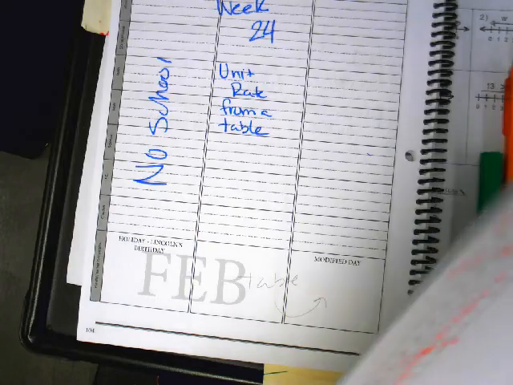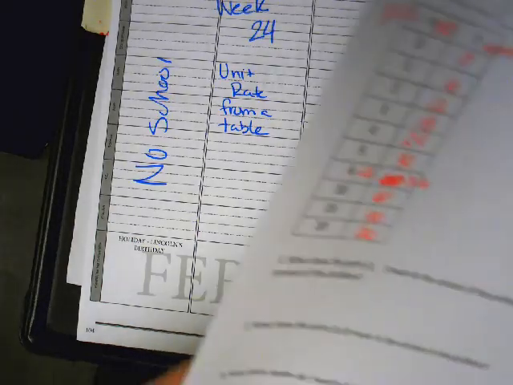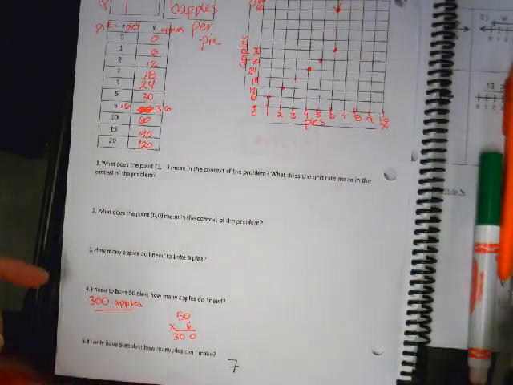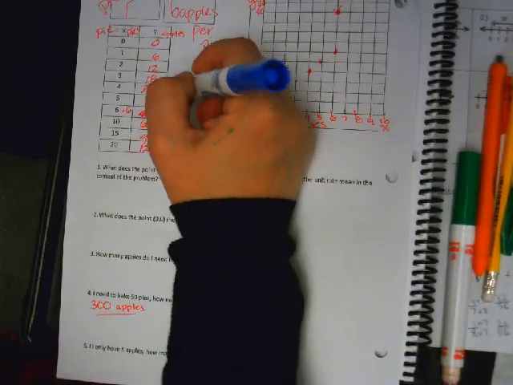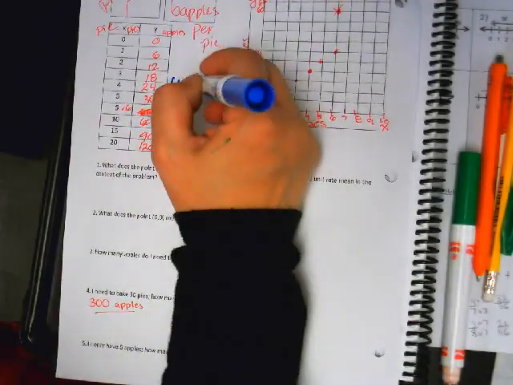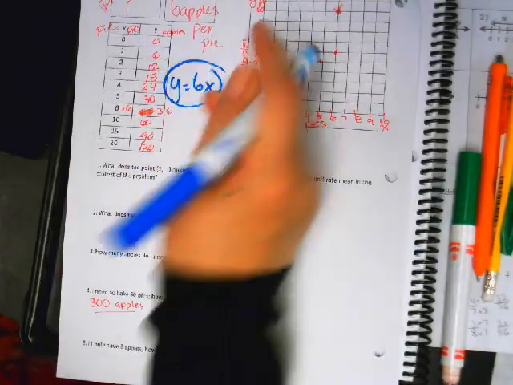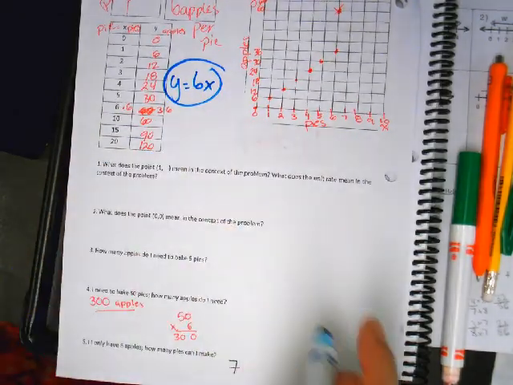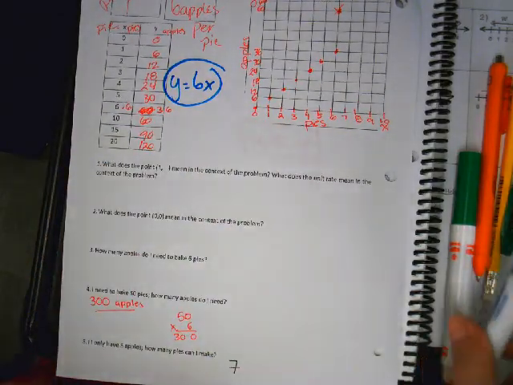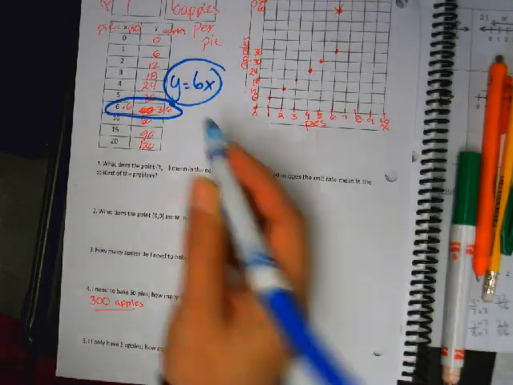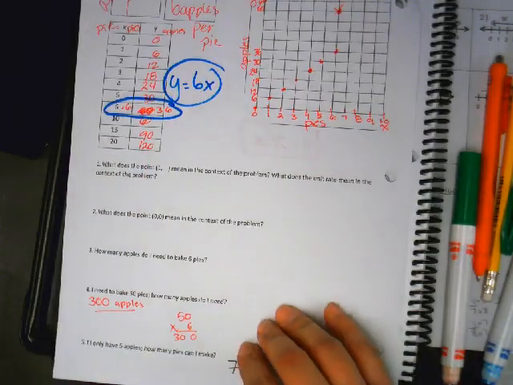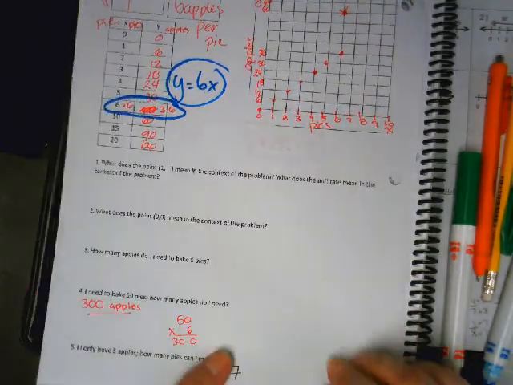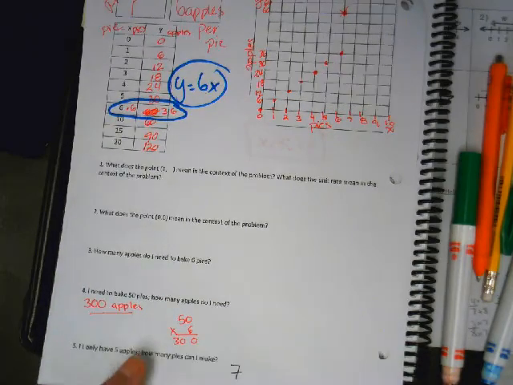I did it. Wait, we didn't do it. Oh, I wasn't here. All right. Y equals what on page 7? 6x. That's the one that you filled out with Mr. Franco. Oh yeah, that's right. And that's when we caught this, right? That's when we didn't finish. Wait, I didn't do that. I wasn't here.